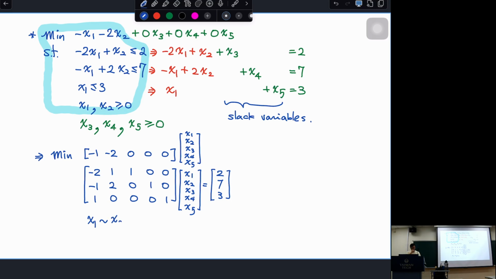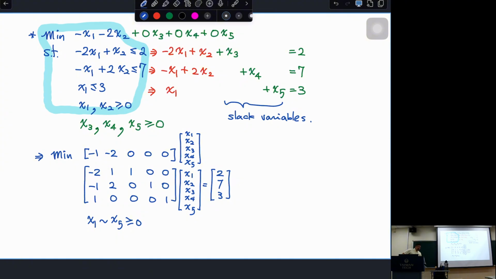So after writing down the new format in this vector and matrix form, it looks like this.